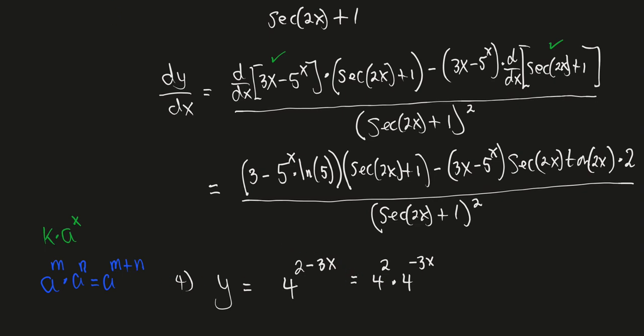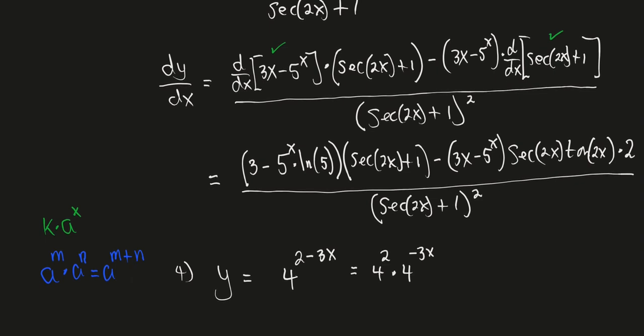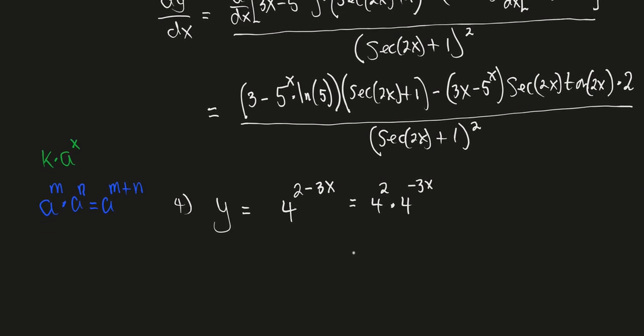But there's more, right? I feel like an infomercial, but wait, there's more. So we can definitely see that there's a 16 there. But again, this is not in the basic form of a to the power x because I have this negative 3 here. Well, it turns out, in fact, let me write down the rule that we're going to use here. If you have a to the mth power, then all of that raised to the nth power, then that simplifies as a to the m times n, right?